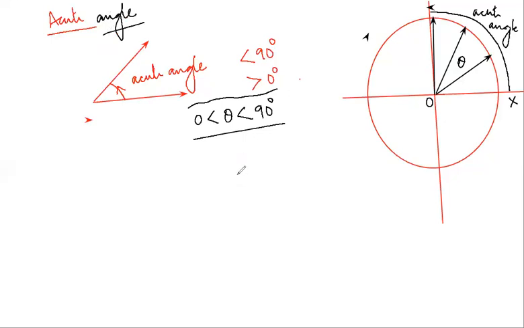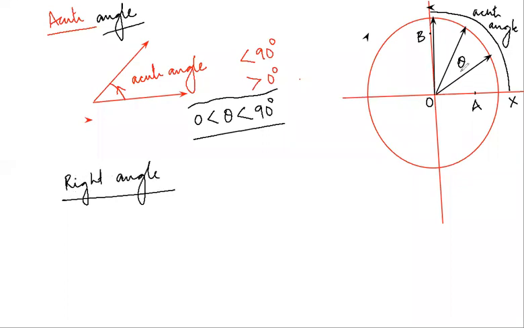Okay. Now, let's say students, this point is A, and let's say this point is B on the y-axis. A, O, B. Before defining the obtuse angle, we will define the right angle. What is the right angle, students?